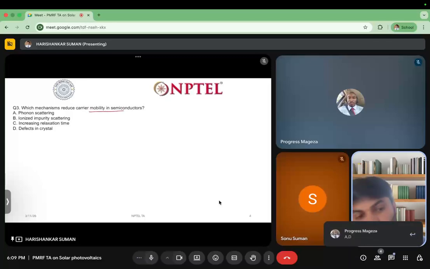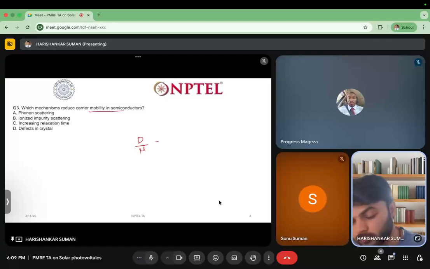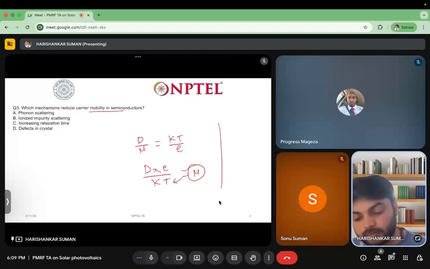Mu. Do you know the formula as we discussed? D by mu equals kT by e. This is the Einstein relation, or you can rewrite it like that: mobility is inversely proportional to the temperature, or temperature has two terms, minus 3 by 2 and 3 by 2.